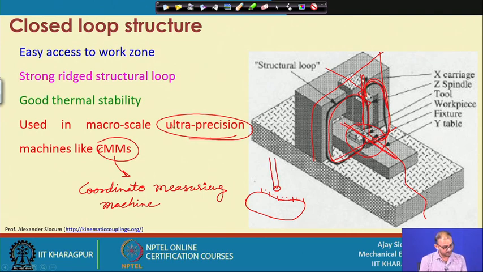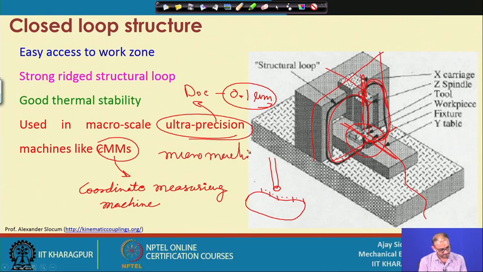In ultra precision, the depth of cut can start from 0.1 micron also, but in micro machining we go with a little bit higher, it is tens of microns. Correct. So, this is the difference here.